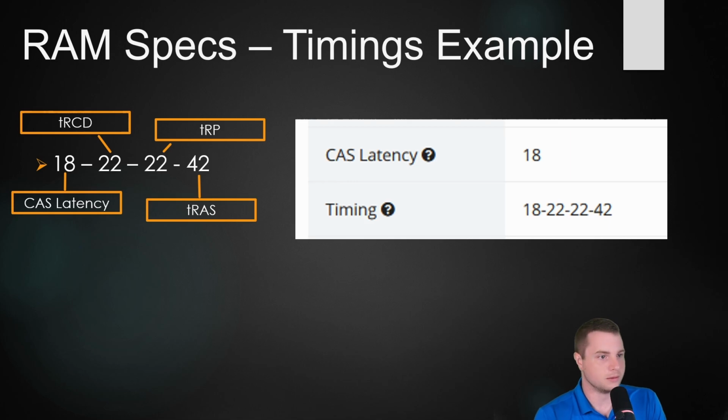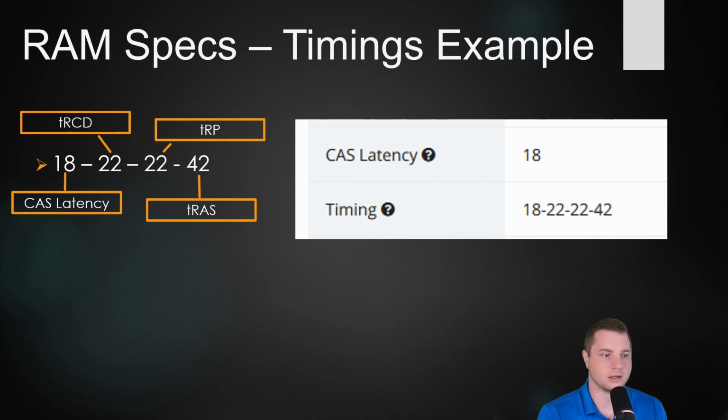Okay, so this is how you're going to see RAM specs on the websites you're purchasing from, or on the box if you're actually doing it physically. The only thing I'm not showing here is the clock speed. Clock speed is going to be on the front of everything because that's how people market it. But your latency is extremely important as well. So the first number is CAS latency, by far and away the most important one.